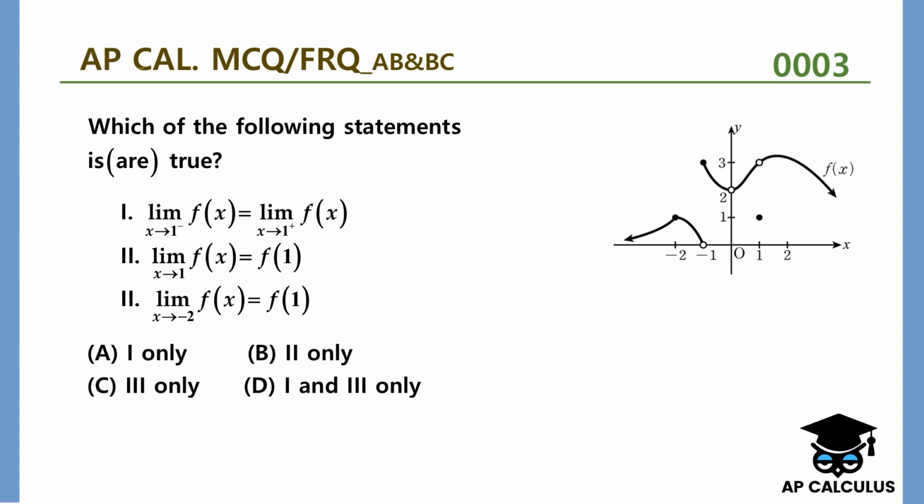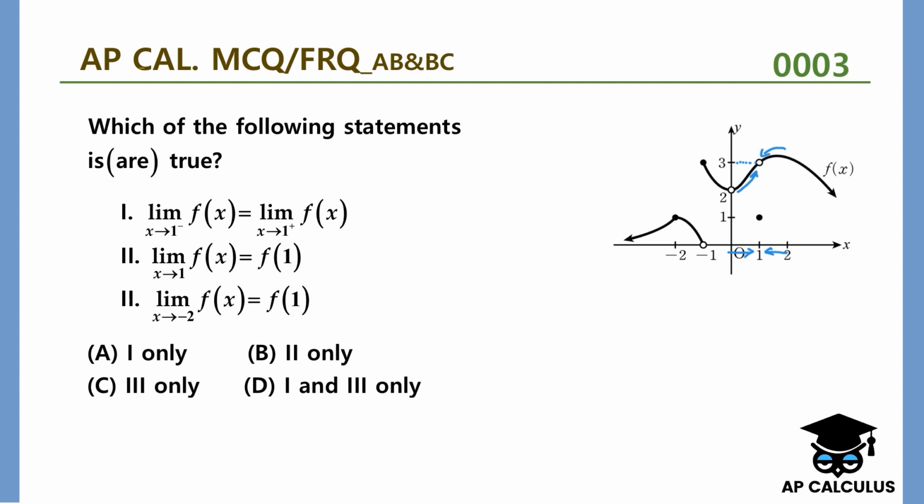Question number 3. Which of the following statements is true? Okay, first one, we have the limit as x approaches 1 from the left-hand side is equal to the limit as x approaches 1 from the right-hand side. Let's see if this is true. As x approaches 1 from the left-hand side, it approaches 3, right? From the right-hand side, it also approaches 3.